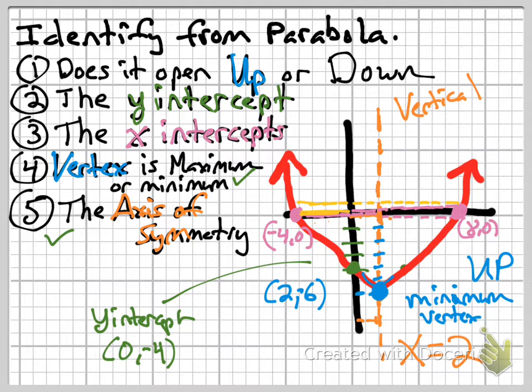You see how this is 6 away and this is 6 away? That's why it's the axis of symmetry, because it's going to cut these perfectly. Just like here, it's always going to be a reflective point on the axis of symmetry. So the axis of symmetry cuts that parabola into 2 equal halves.